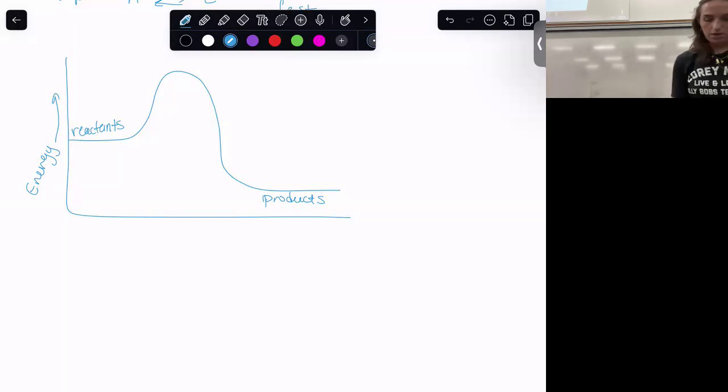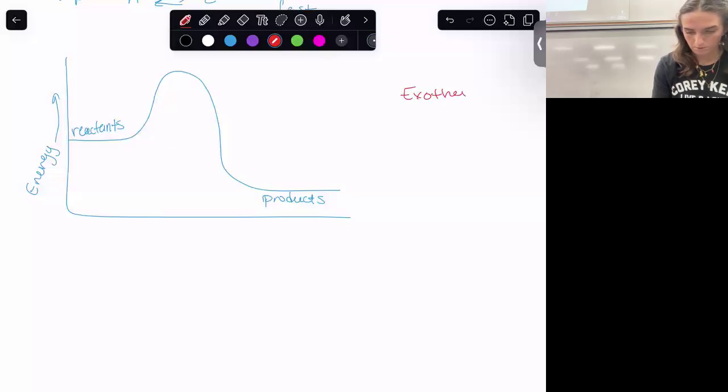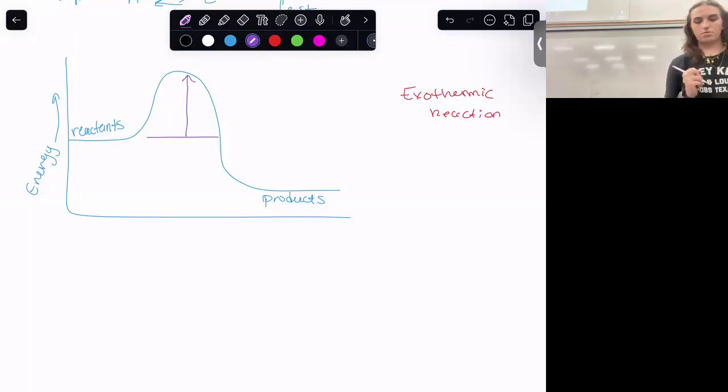So between your reactants and your products, what's happening to our energy? Are we gaining or releasing energy? We're releasing, so is this an endo or exothermic reaction? This is an overall exothermic reaction. And what do we call this portion here? Good, this is your activation energy.